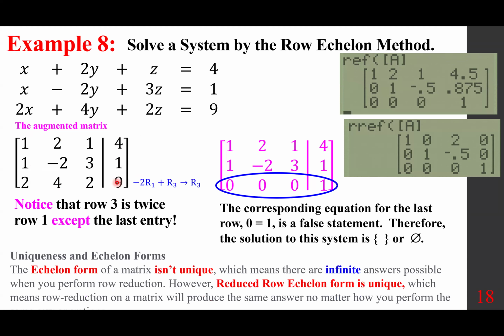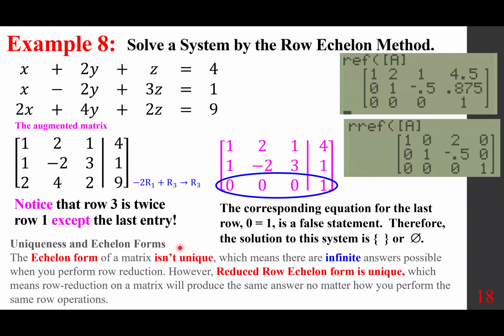The other thing I want to mention is the concept of uniqueness and echelon form. The echelon form of a matrix isn't unique, which means there are infinite answers possible when you perform row reduction, because there are various ways of doing the row reduction.